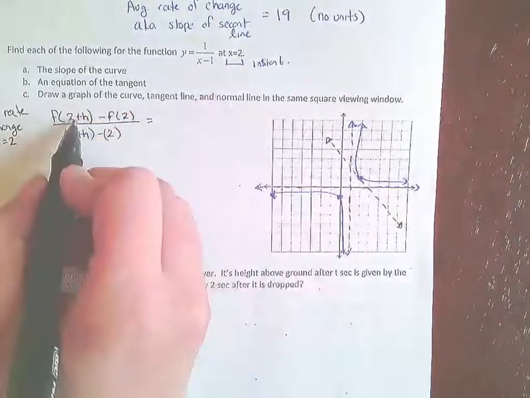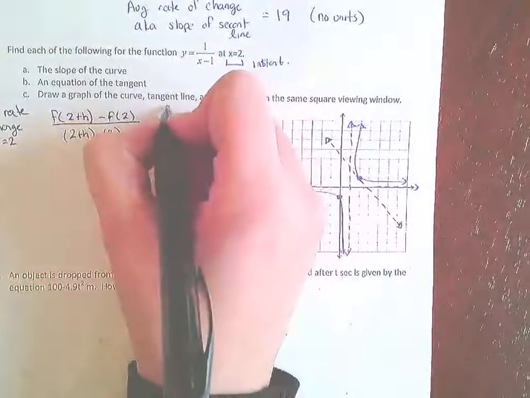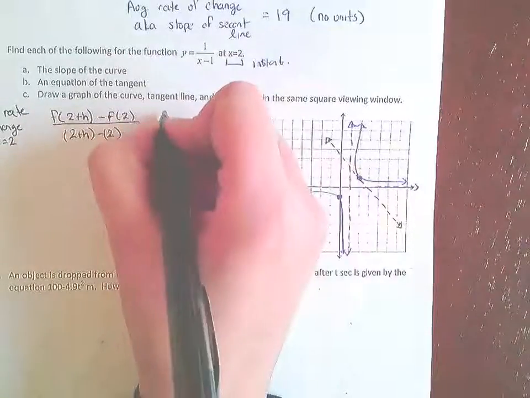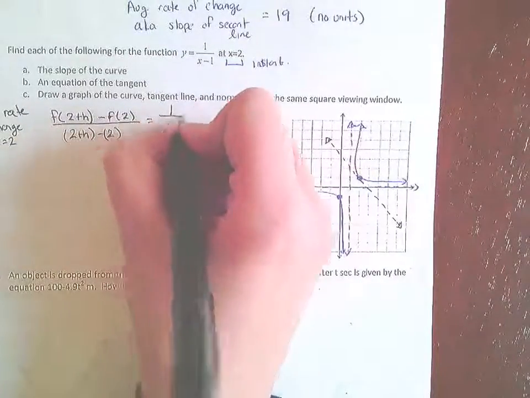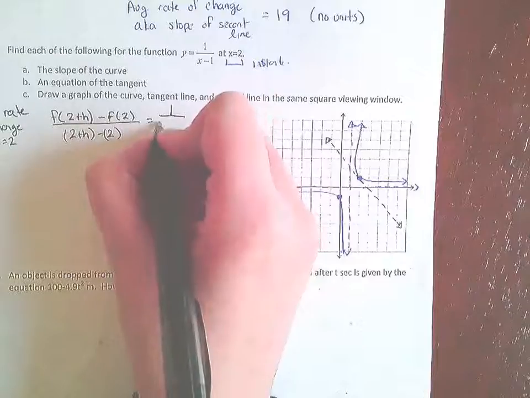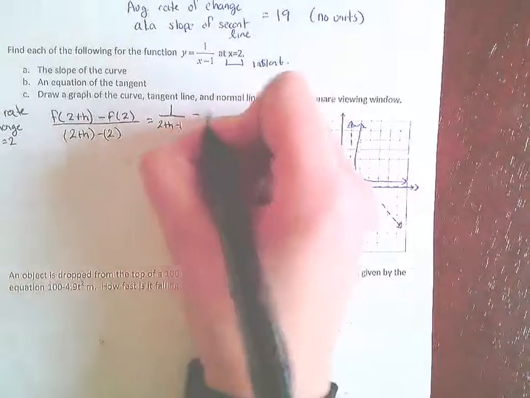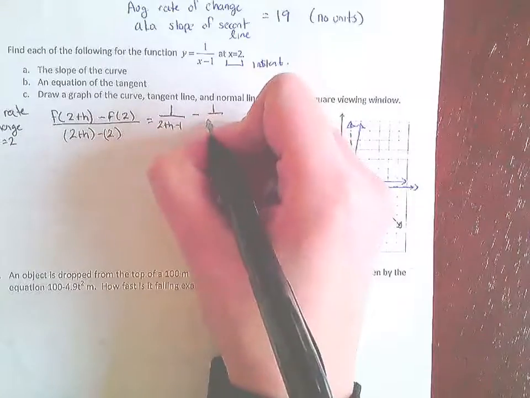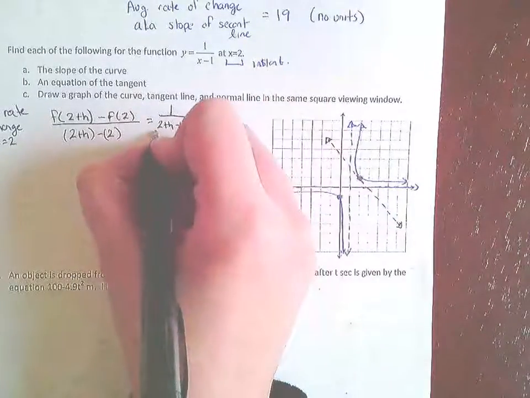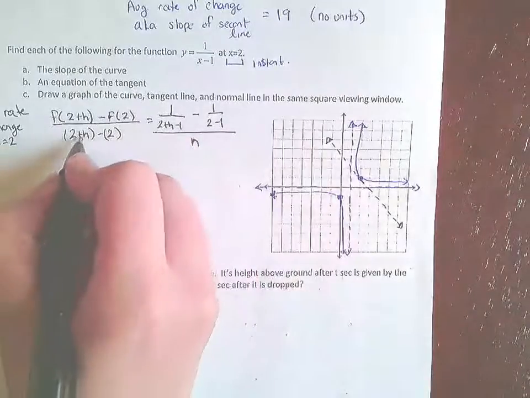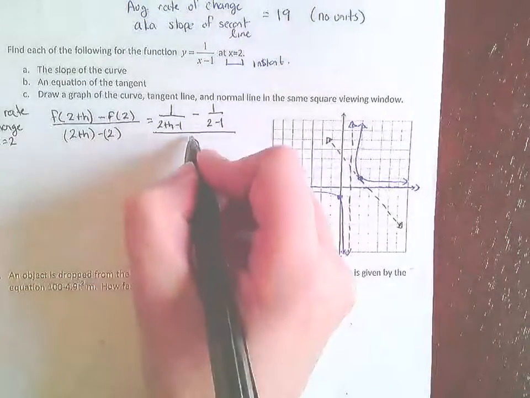So now when we plug in 2 plus h into this equation, you're going to end up with 1 over, instead of x, I'm going to put 2 plus h minus 1, and then minus 1 over 2 minus 1, and all of that is going to go over h, because 2 plus h minus 2 is h.